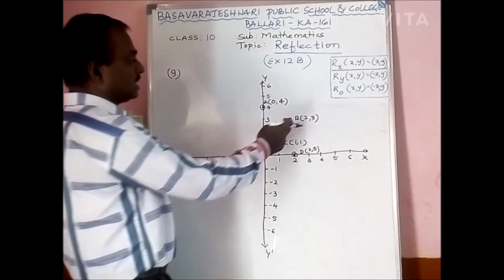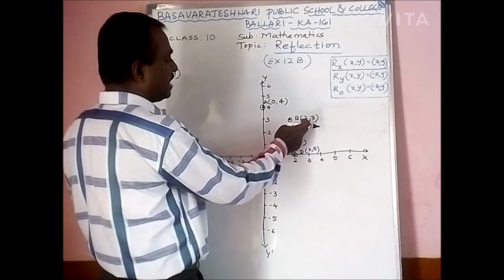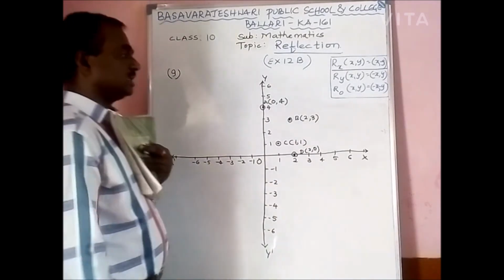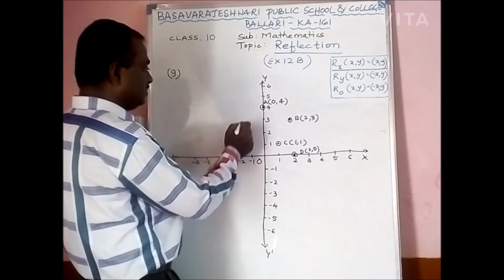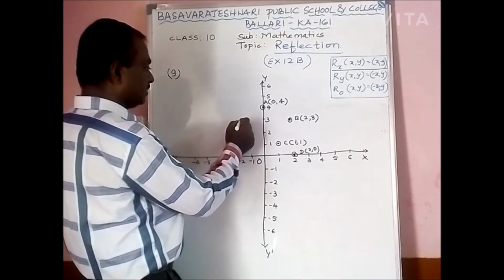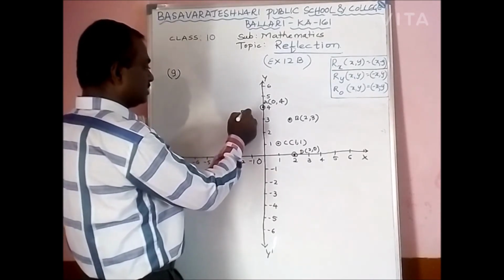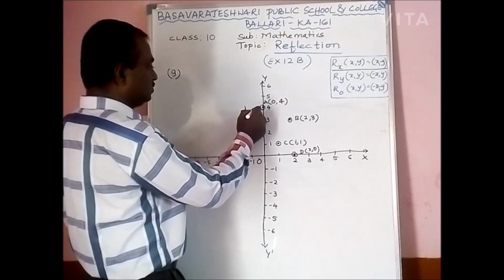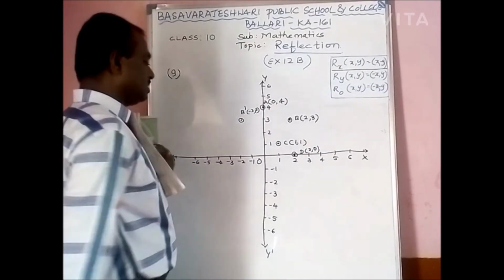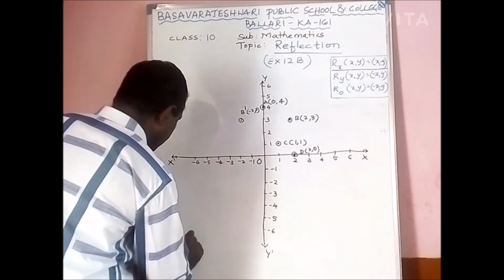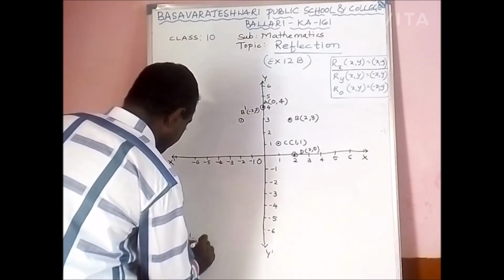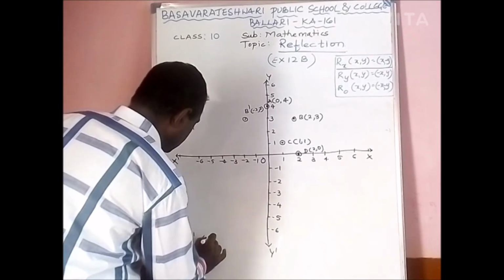So B is (2, 3), that means (minus 2, 3). X value minus 2, y value 3. So it will come here. This is B dash, (minus 2, 3). So you have to mention here, B dash becomes (minus 2, 3).